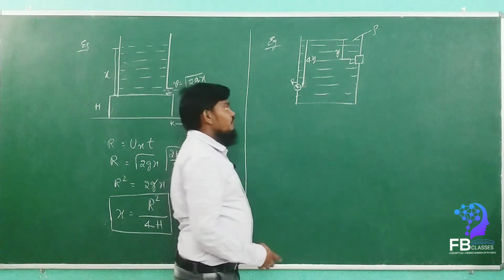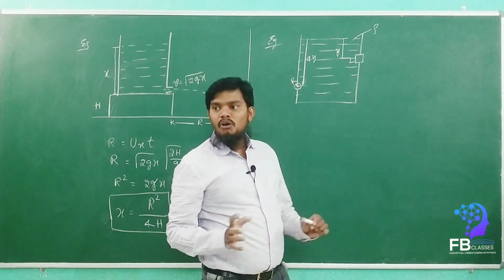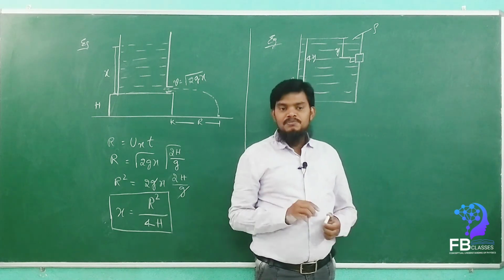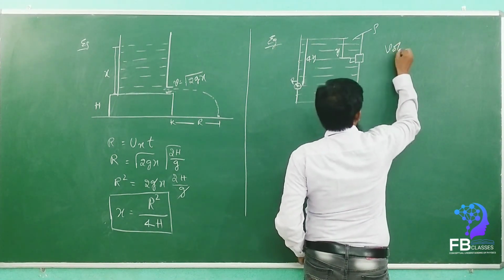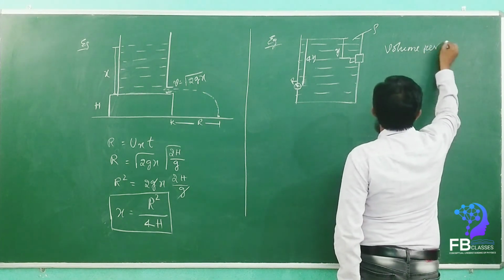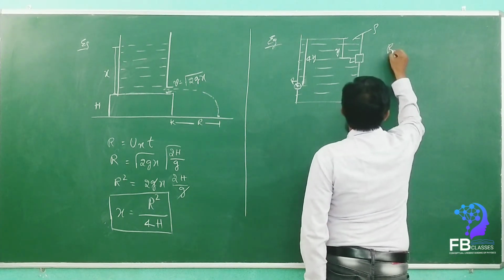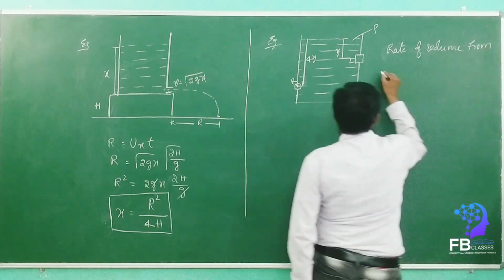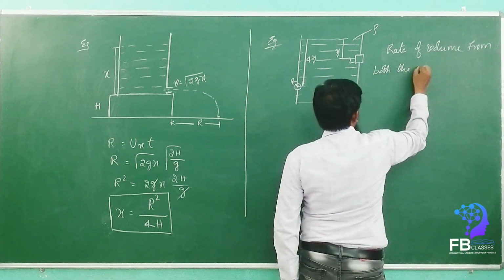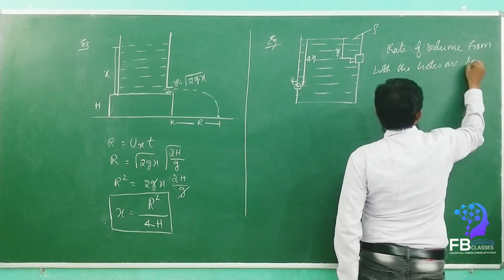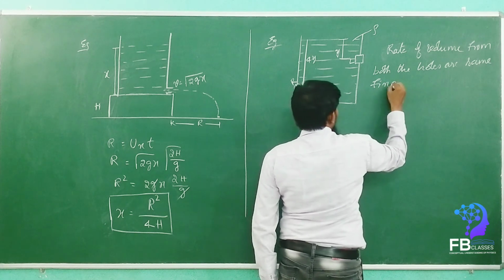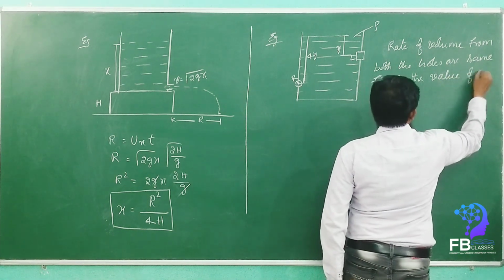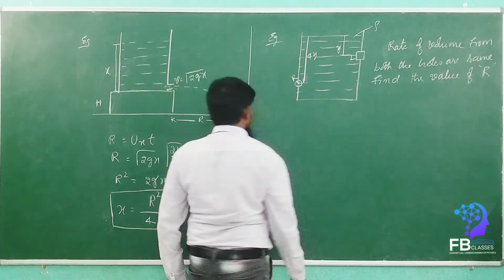And then he says that the volume coming out from both the holes per second is the same. The rate of volume flow from both the holes is the same. Find the value of radius r.